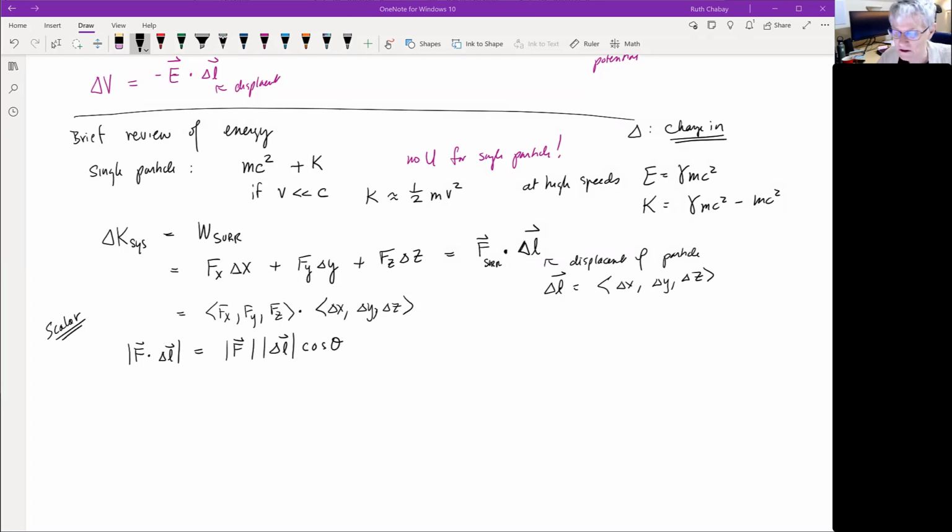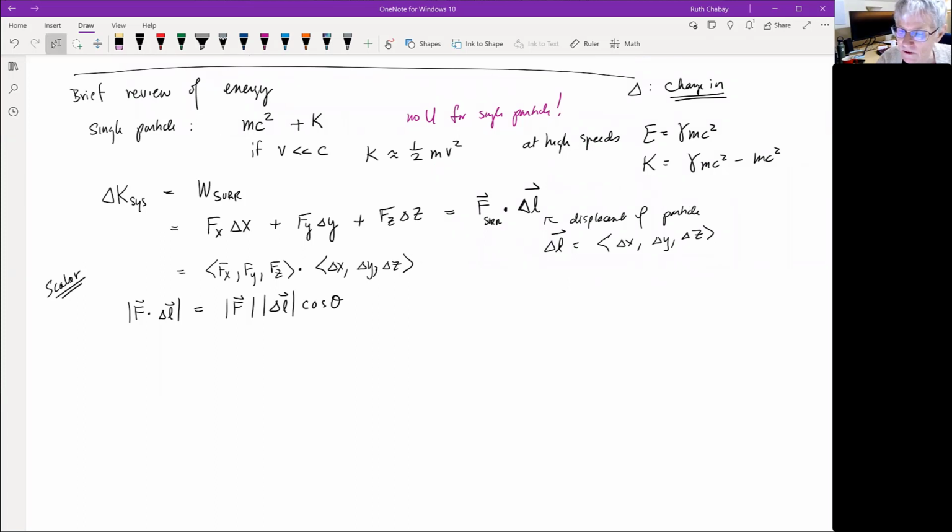And a familiar example of this, where we choose a single object as the system, was a ball near the Earth. So here's the Earth. Here's our ball.